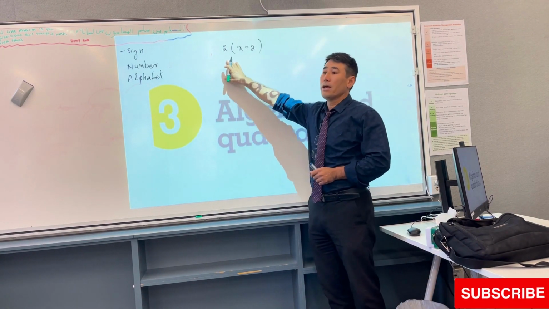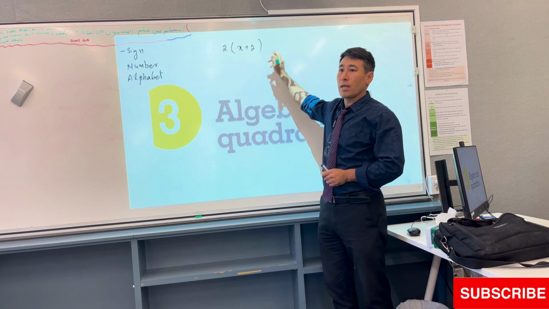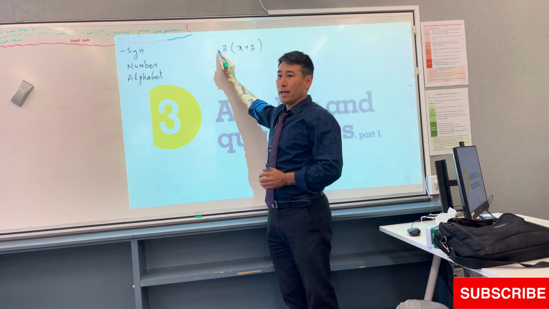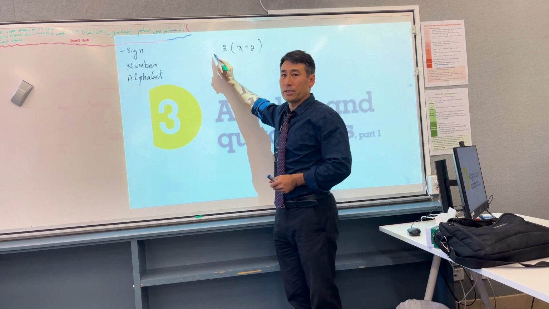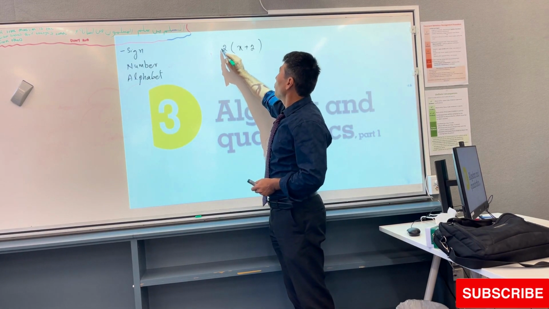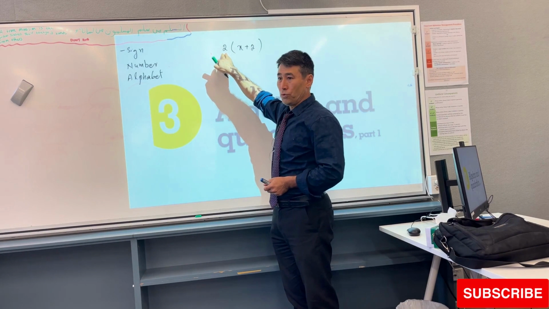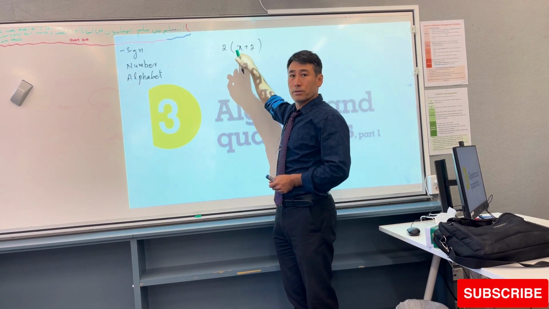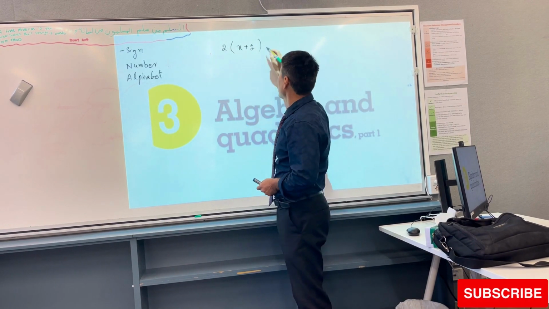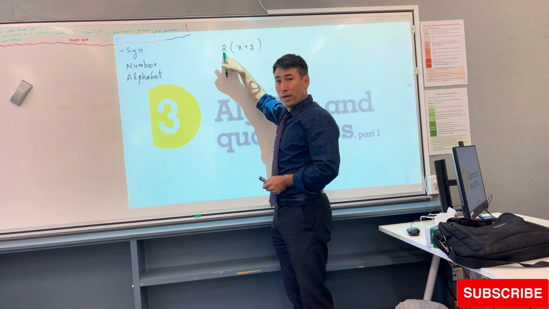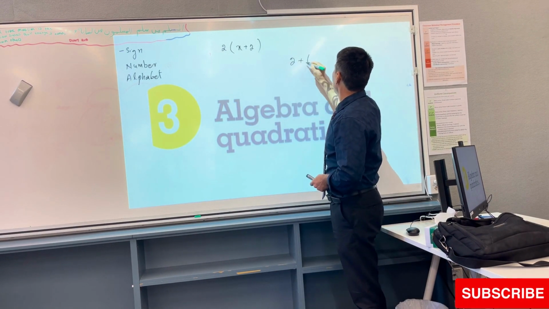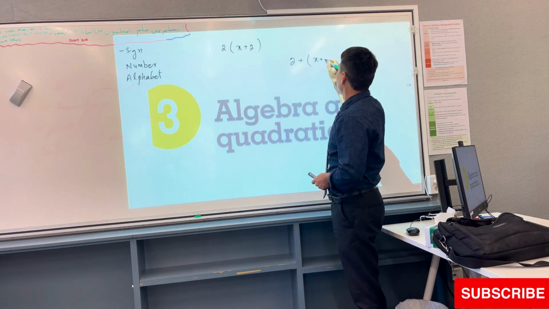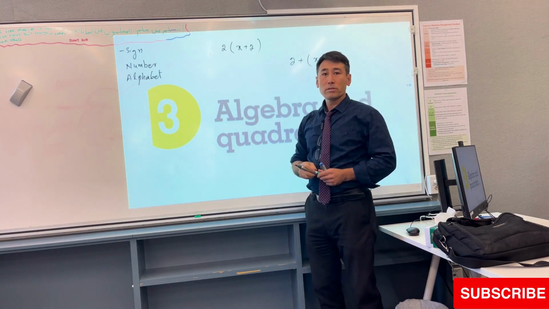Let's see the first, very simple one. We don't have any sign here, which means it is positive. Positive does not change anything. And we look at the number. The number is there too, right? We multiply this inside the bracket. Now guys, there's a big difference between this one and this one.